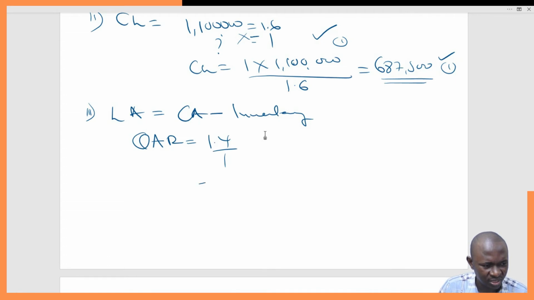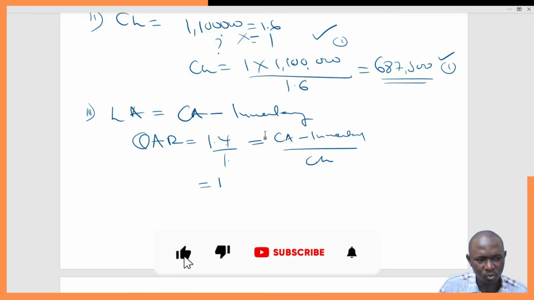This makes it even easier. The quick asset test ratio is equal to current assets minus inventory over current liabilities. So current liability is 1, then 1.4 is current assets minus inventory, and this is what we are interested in as our liquid assets.